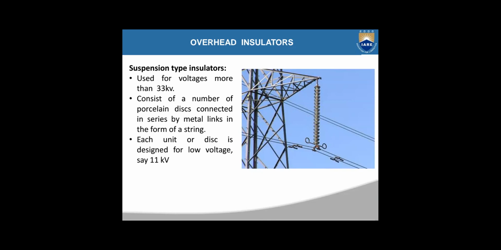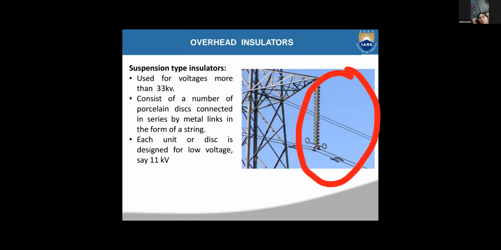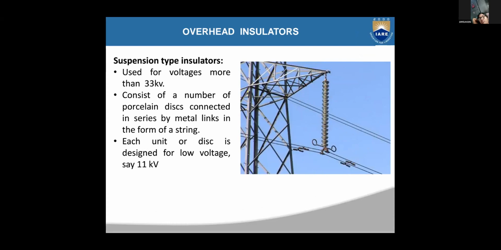That's why it is called suspension: it is suspended from the cross arm, or hung from the cross arm. If you observe here in the diagram, this is the cross arm.